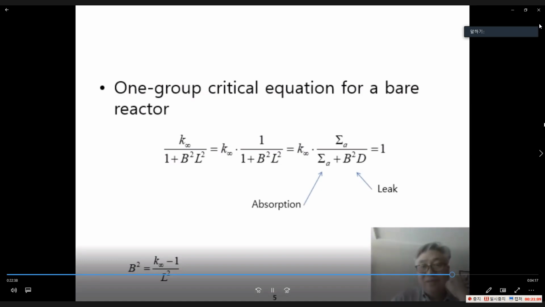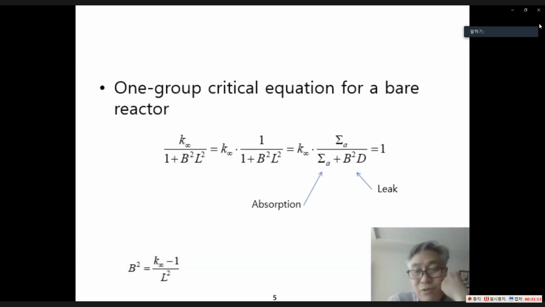Now, K infinite. What was K infinite? K infinite was a multiplication factor for the infinite reactor. In the infinite reactor, there is absorption and fission, but there is no leakage. Okay, and let's review the meaning of 1 divided by 1 plus B square L square. So when we use the definition of L square, we can make that sigma A divided by sigma A plus B square D, right?